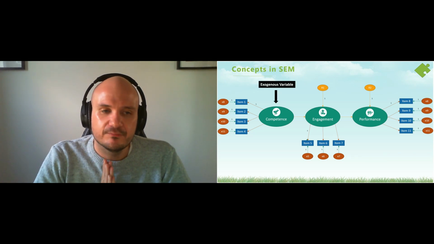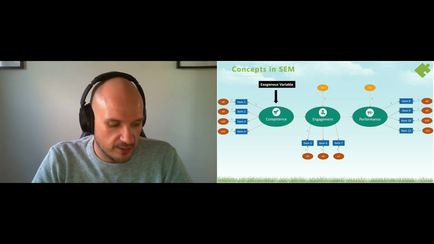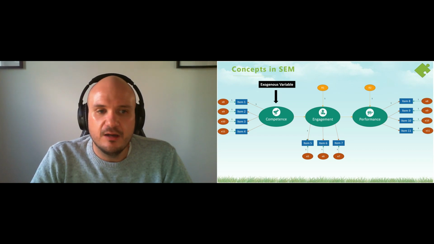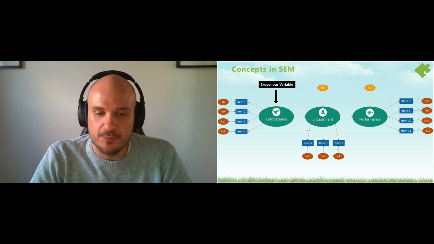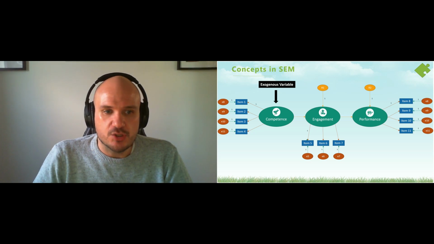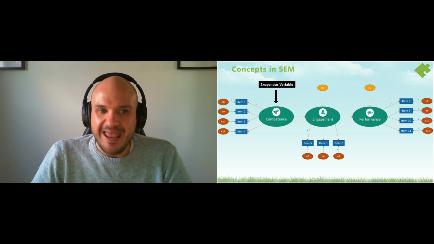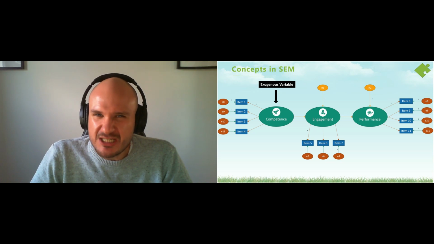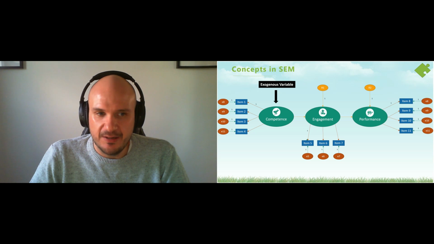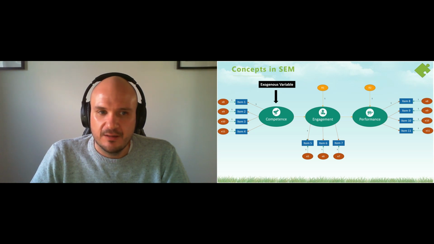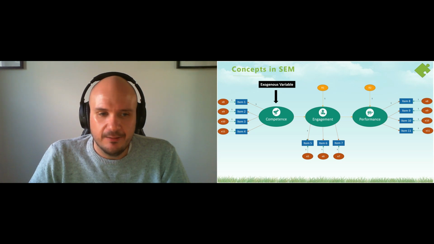Unlike your normal GLM method, we have different words for independent and dependent variables in structural equation modeling. Here, for example, we have an exogenous variable, which would traditionally be called our independent variable. I always remember it by saying exo, so it's kind of like the beginning.